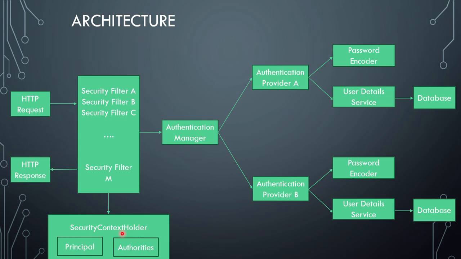Once the user is successfully authenticated, Spring Security creates an Authentication object within this security context, managed by the SecurityContextHolder. There is also the principal, which represents the current user's username, authorities, and other user specific data.